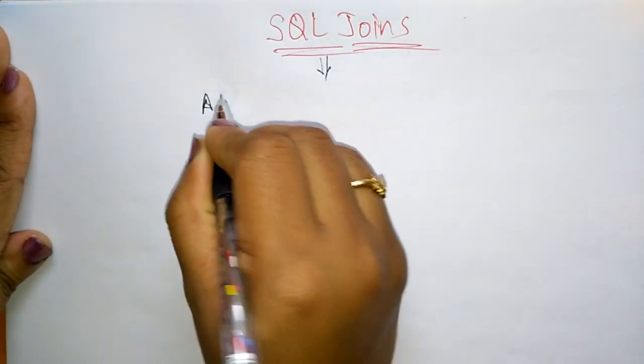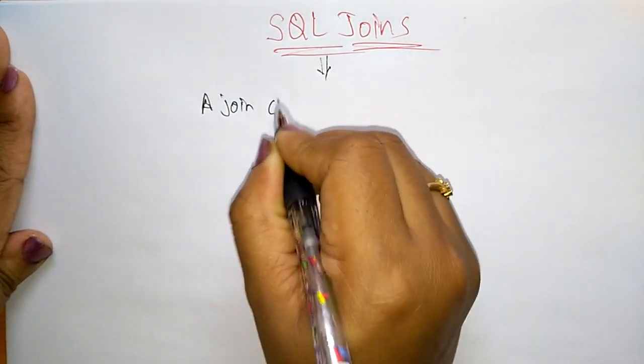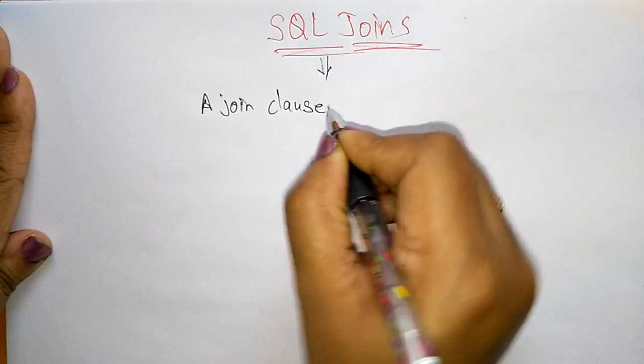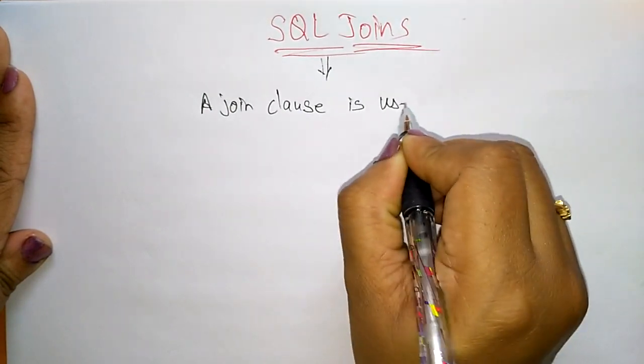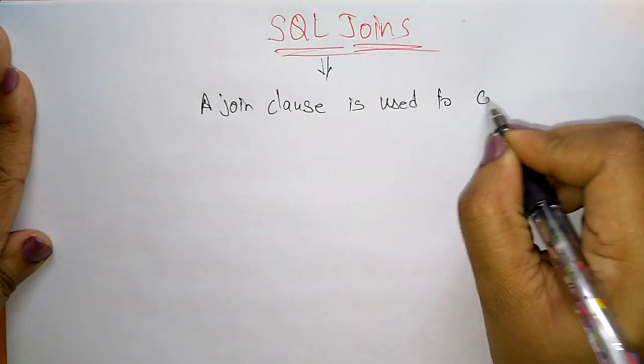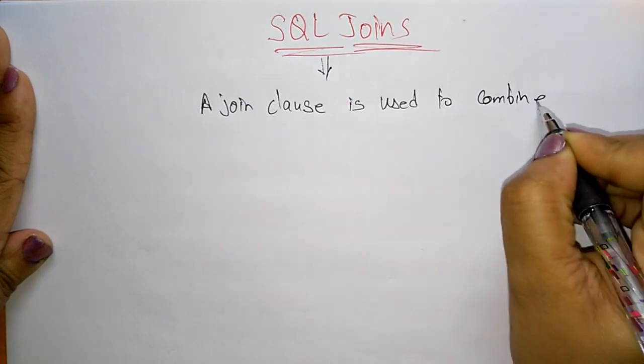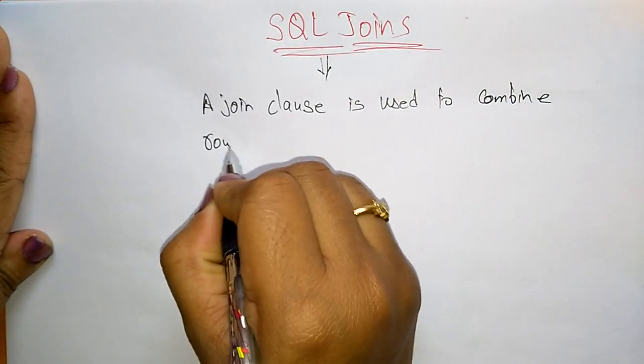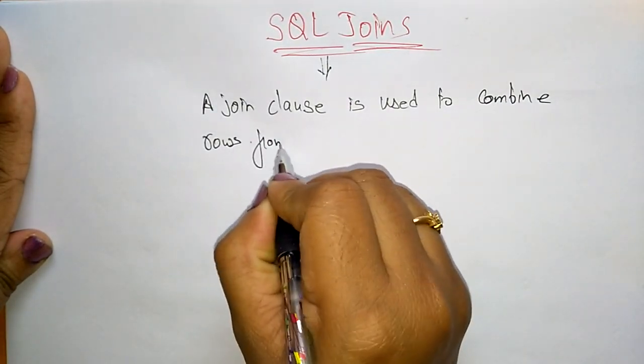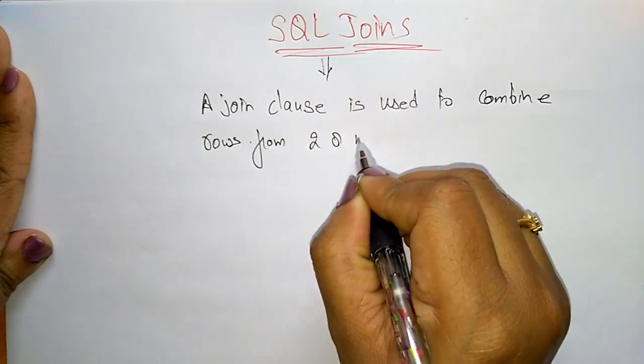A join clause is used to combine rows from two or more tables.